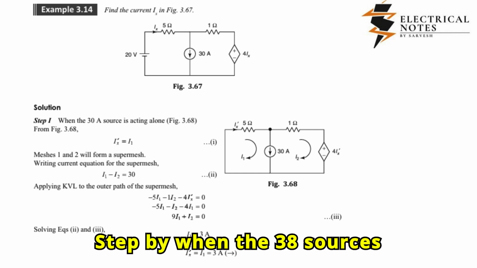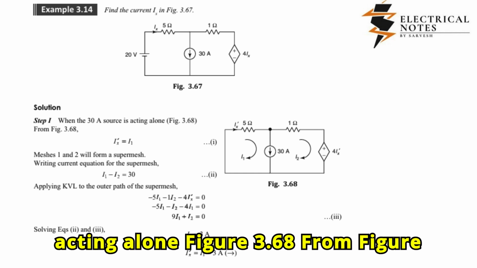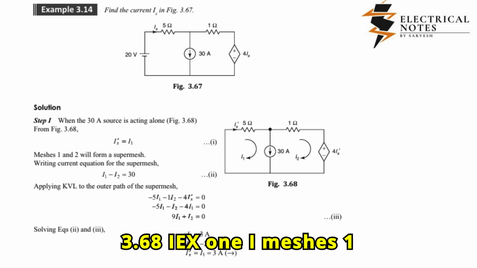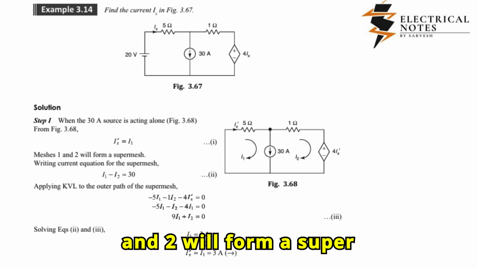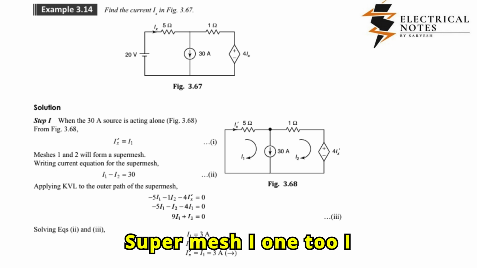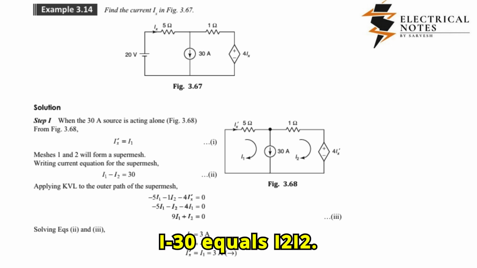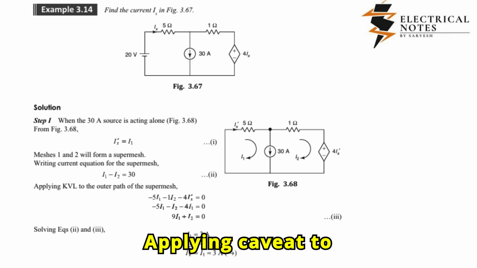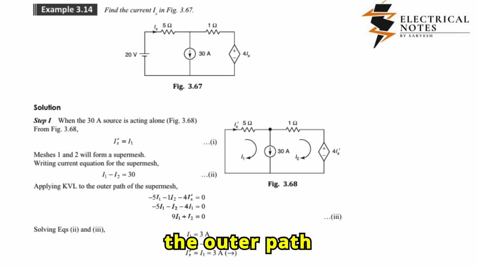Step 1: when the 30A source is acting alone, Figure 3.68. From Figure 3.68, Vx equals I1. Meshes 1 and 2 will form a supermesh. Writing the current equation for the supermesh: I1 minus I2 equals 30. Applying KVL to the outer path of the supermesh.